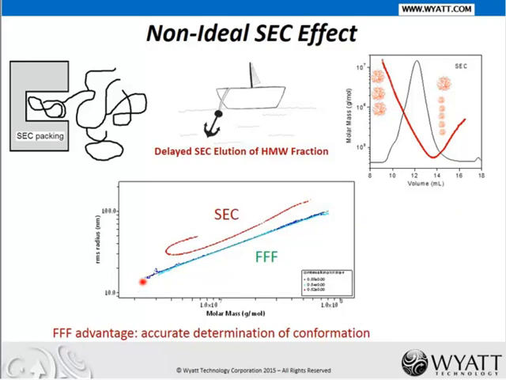So we can then measure the slope of this conformation plot correctly, and so we can measure the conformation. So from this, we can see that the results from SEC, when there is non-ideal SEC effect, we would not be able to measure the conformation accurately, but we can with the FFF data.